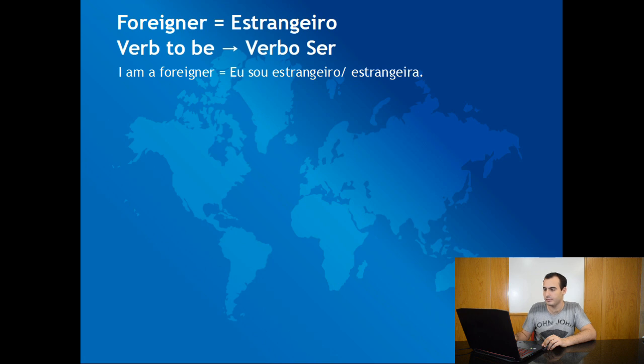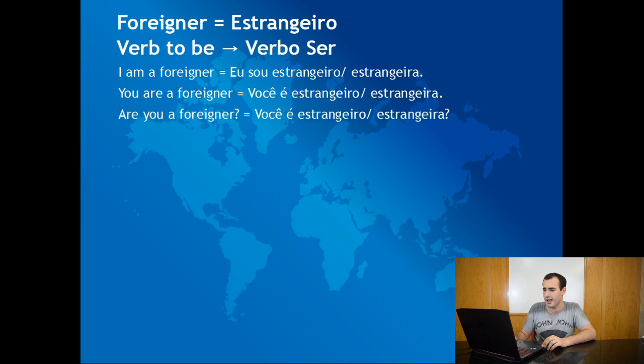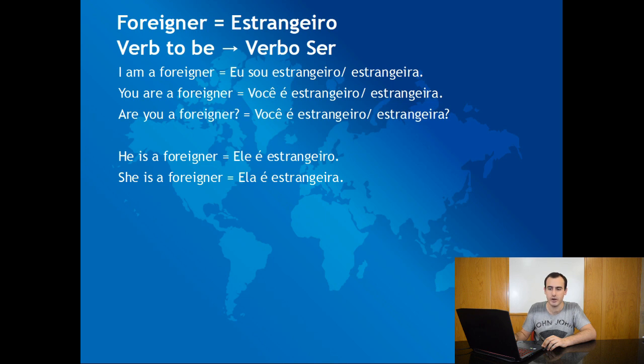Okay, let's repeat all these phrases one more time. I'm a foreigner. Eu sou estrangeiro. Or eu sou estrangeira. You are a foreigner. Você é estrangeiro. Você é estrangeira. Are you a foreigner? Você é estrangeiro? Você é estrangeira? He is a foreigner. Ele é estrangeiro. She is a foreigner.